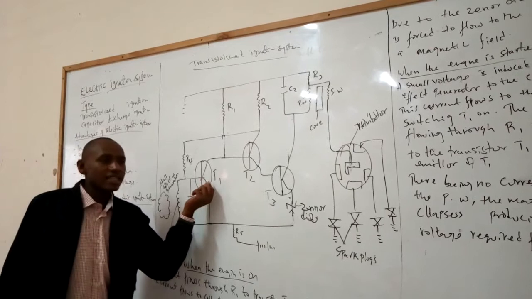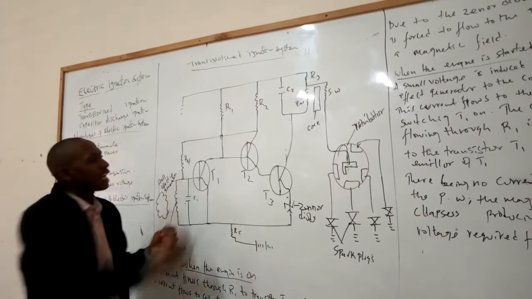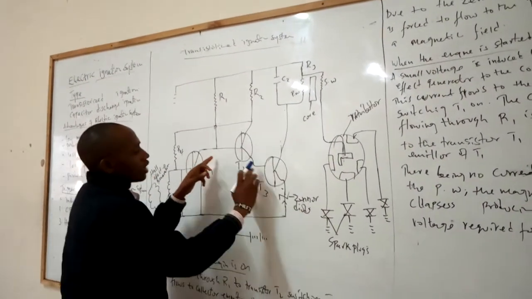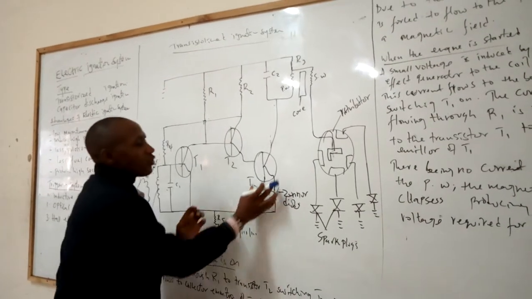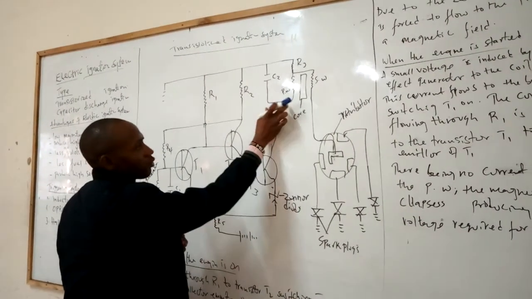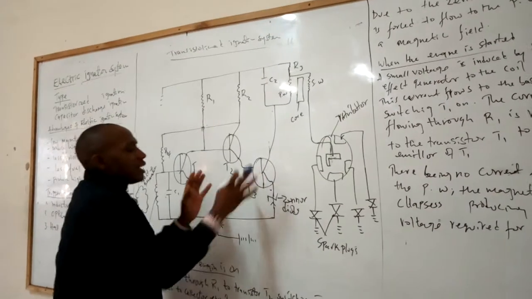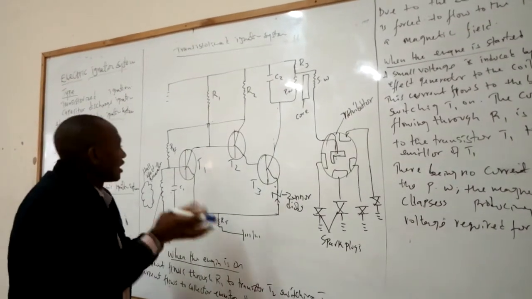Once the transistor T1 is on, the current which was flowing through R1, the transistor T2 and T3, realizes that there is a lot of resistance. It is being forced to flow to the primary winding, but it experiences high resistance.